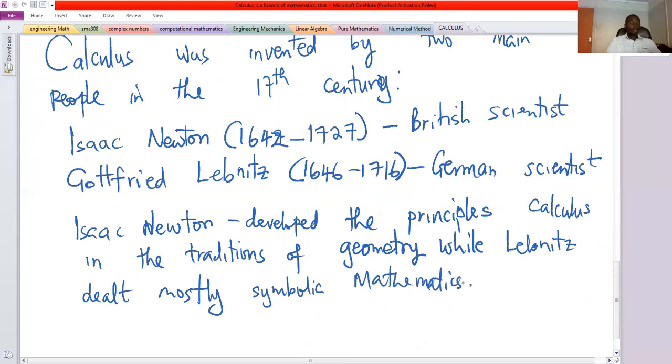So Leibniz's study was mostly more about notation, while Isaac Newton developed the concepts from a geometrical point of view.